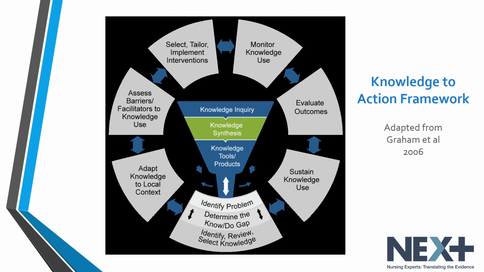Beyond the definitions and goals, it can be helpful to see the big picture or the whole process before we look at the details. Don't panic. You may not be a framework kind of person, but stay with me. We're using the knowledge to action framework to give us an awareness of the process of translation.